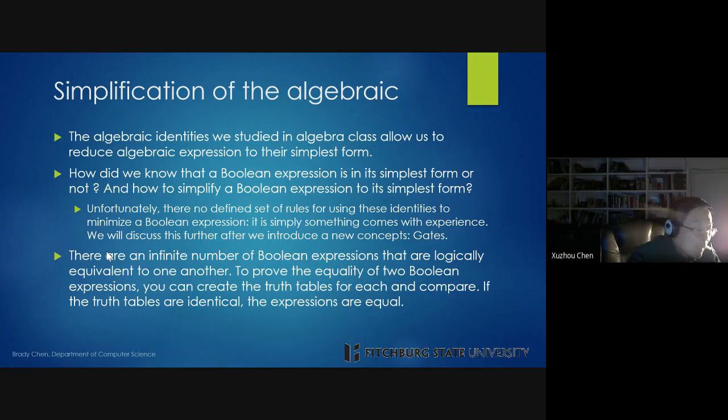So we need to study this. The algebraic identities we study in algebra class allow us to reduce an algebraic expression to its simplest form. We can use techniques to factor the algebraic expression, you can multiply out, you can factor it, you can use whatever technique to simplify the expression.